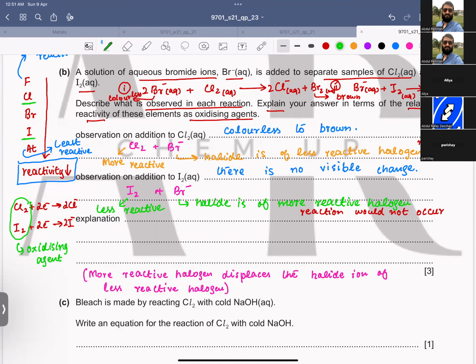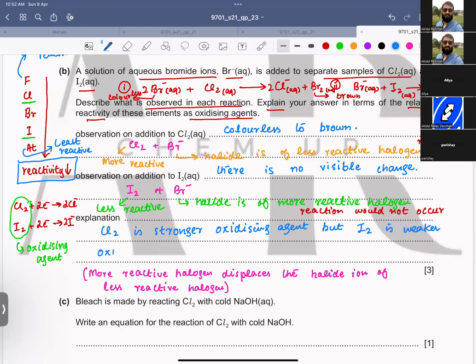So I can say that if chlorine can react with bromide ion, then chlorine is a stronger oxidizing agent, but iodine is a weaker oxidizing agent than bromine. Yes, is this part clear to everyone?